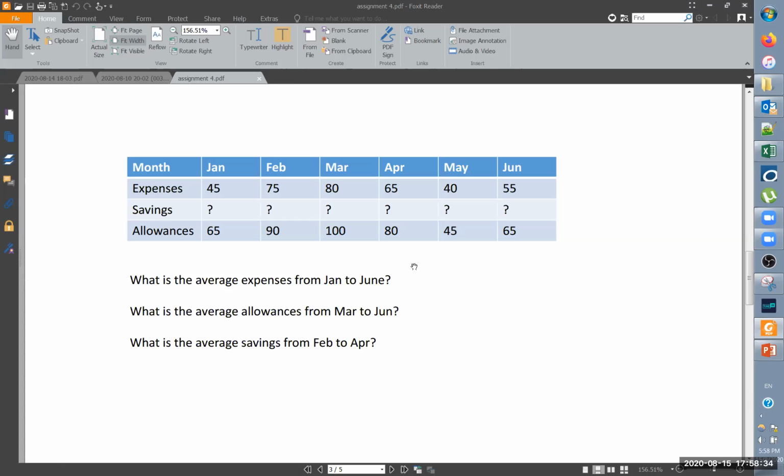I could have done Jan to June, but easy for you, right? Why do I switch from Jan to June, then to March to June? 为什么我用 Feb to April? You know I could have done Feb to March. You know I could have done May to June. I can trick you.